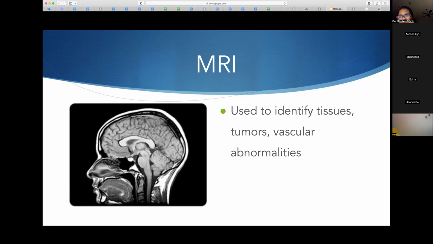The cranium, knock on your skull. The cranium is solid, rock hard. It's not going to expand. Brain swelling can lead to increased ICP, and increased ICP can lead to herniation of the brain.